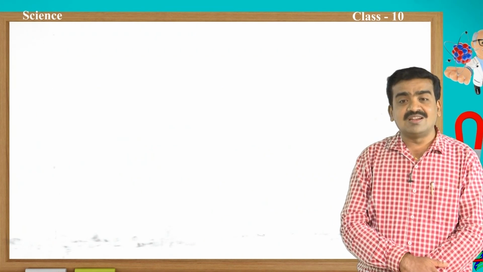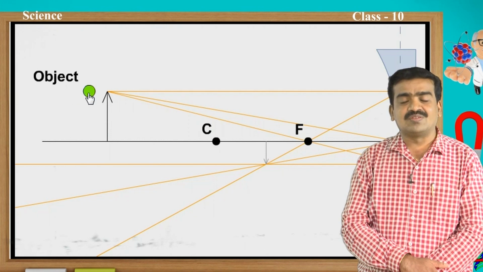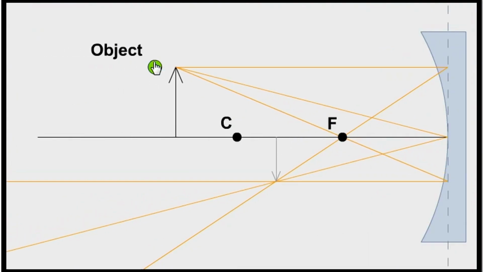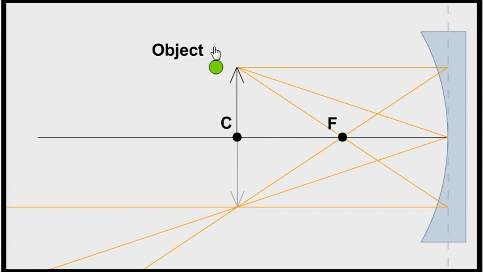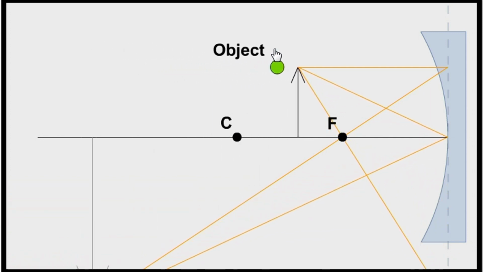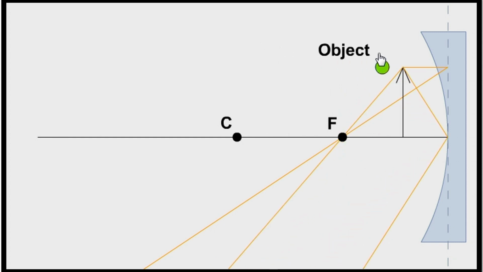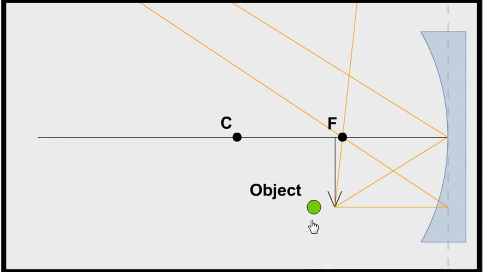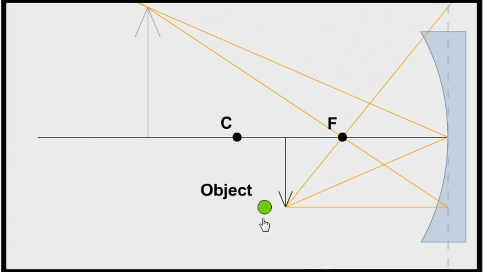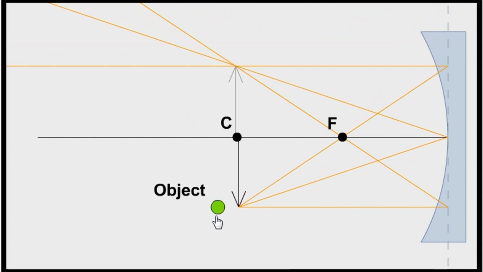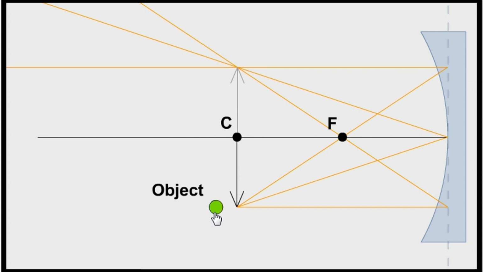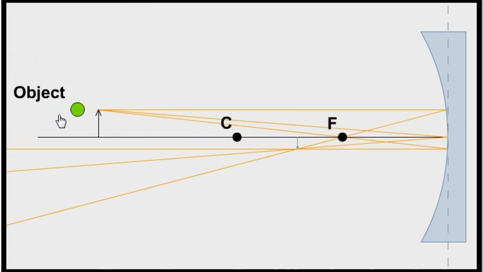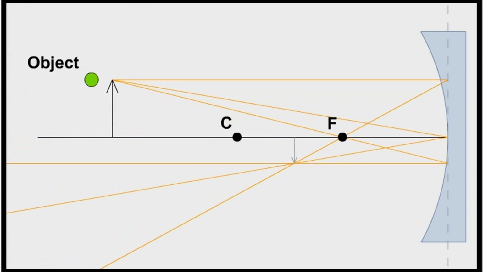When we conduct the experiment with the help of a concave mirror, a screen and a long scale placed on the table, and place the object at different distances, as you are seeing in the animation, we get the image at different distances from the concave mirror, with variation in size as well as position.